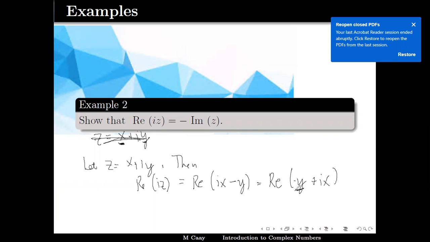So therefore, this is now our real part here, which is just negative y. And the negative imaginary part of z is the same as negative Im of x plus iy, which is also negative y. Therefore, the proof follows.